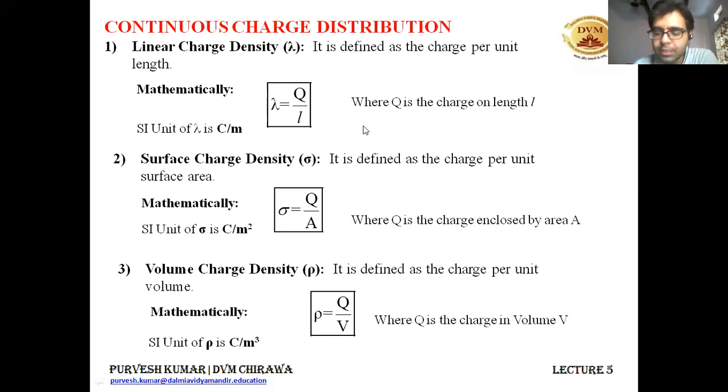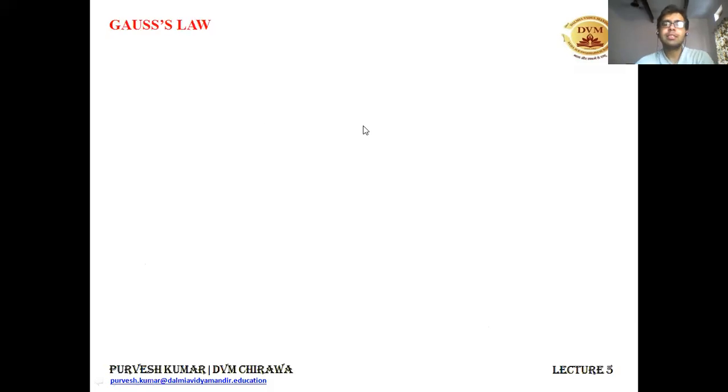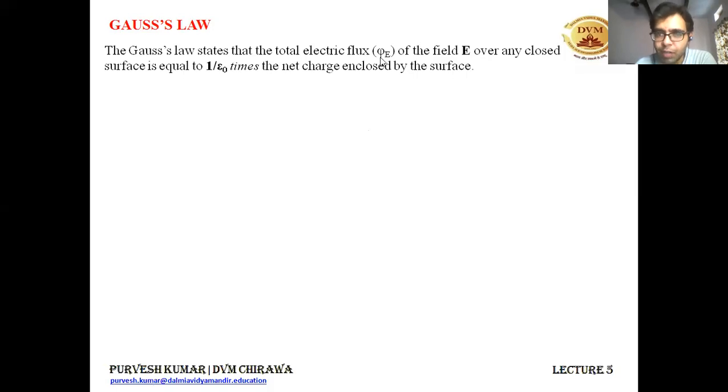Then moving towards the next topic, let's discuss what Gauss's law is and what it says. Gauss's law says that the amount of electric flux, that is phi E, because of an electric field E linked with the surface, is equal to 1 upon epsilon naught times the net charge enclosed by the surface.